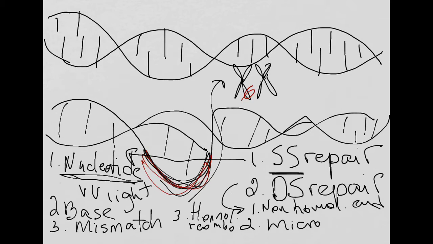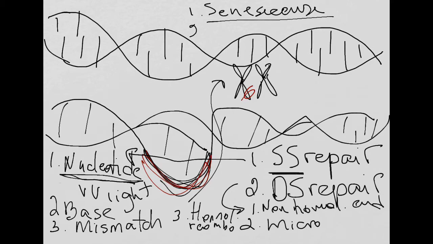For example, a cell that's too old or had too much damage accumulated to its strands, or that isn't able to repair itself using any of these mechanisms, can enter into a state called senescence. And it's sort of like a hibernating mode, a pre-death state. There's not much that's happening there.